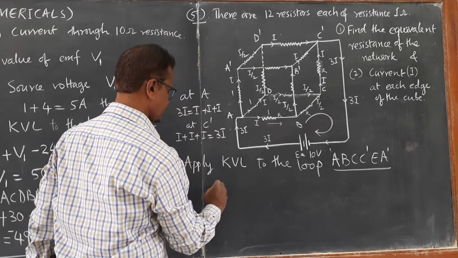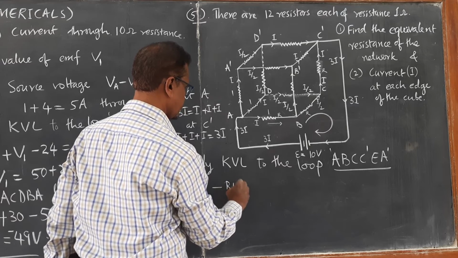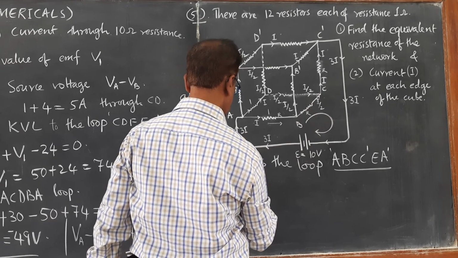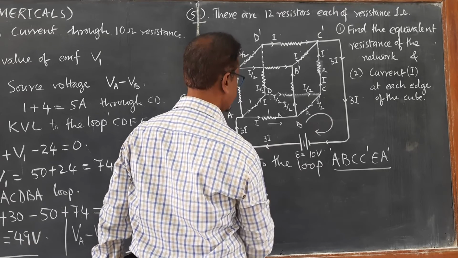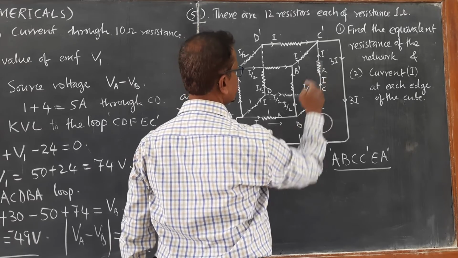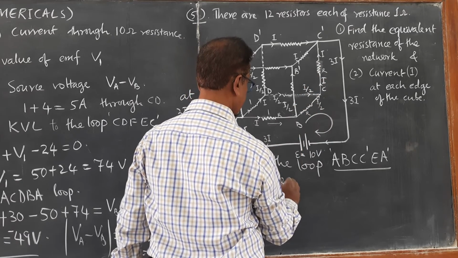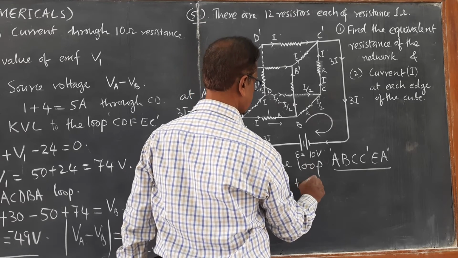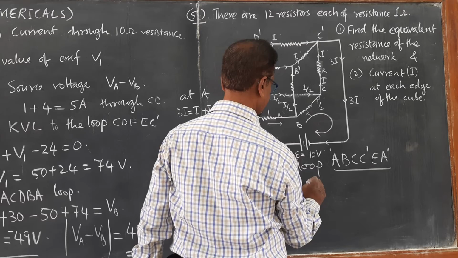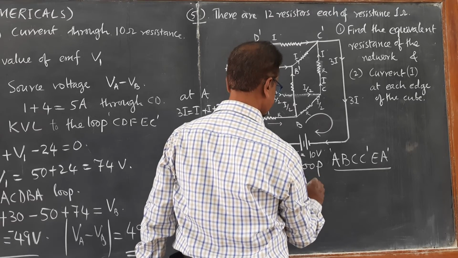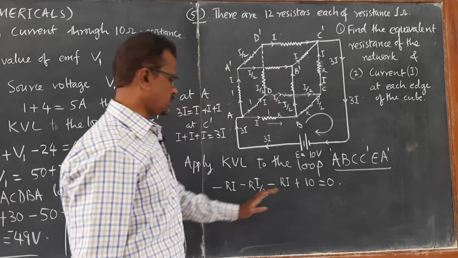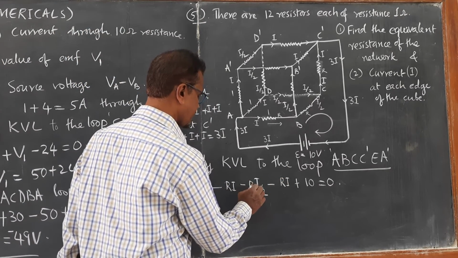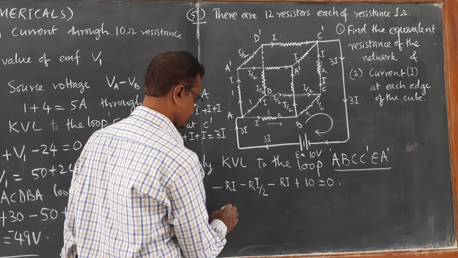So R into I, so I will write it as minus Ri, right? And here also it is again minus Ri by 2, minus Ri by 2, and here again it is minus Ri, minus Ri plus, that is EMF. EMF here is 10 equal to 0. Now when you simplify this, minus 2 and minus 1 by 2.